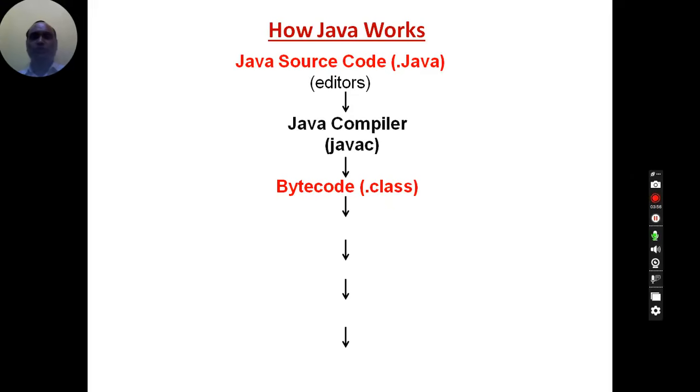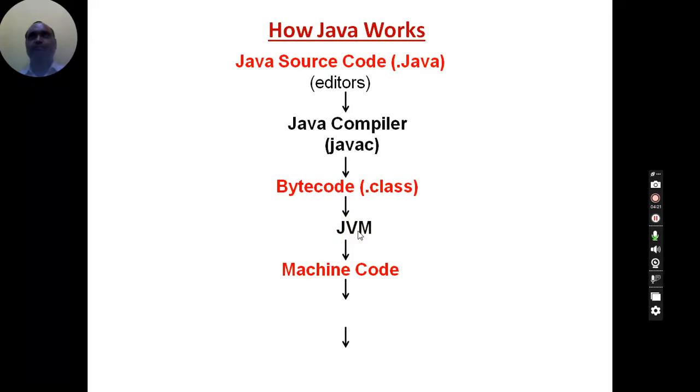This bytecode will be given as input to the Java virtual machine, JVM. JVM stands for Java virtual machine. The Java virtual machine will take this bytecode as input and convert it into machine code. Here you have to remember that JVM stands for Java virtual machine.